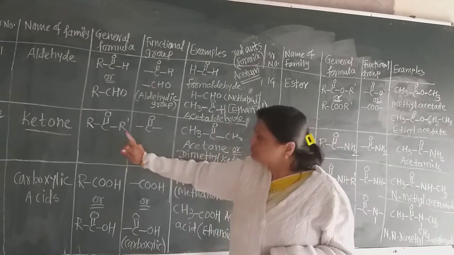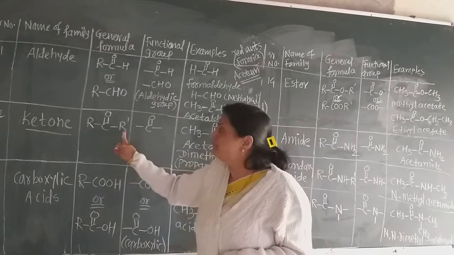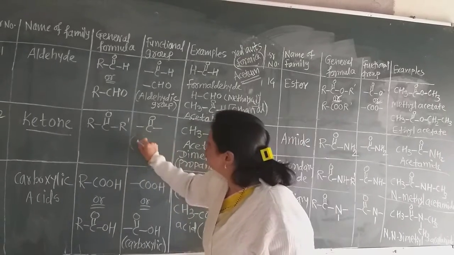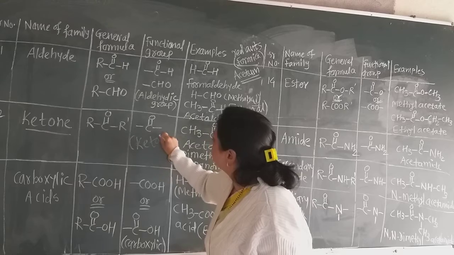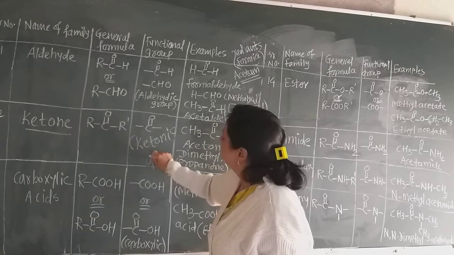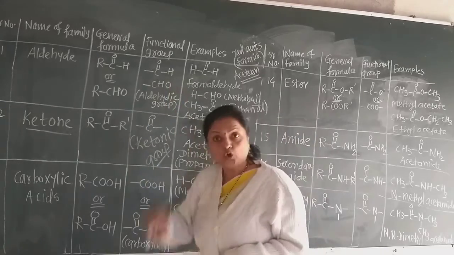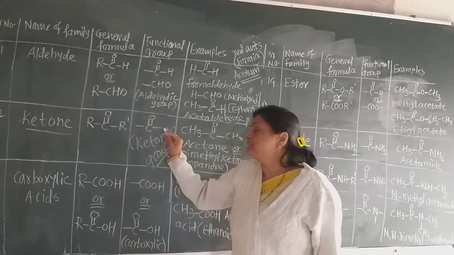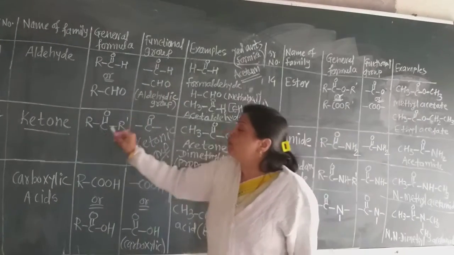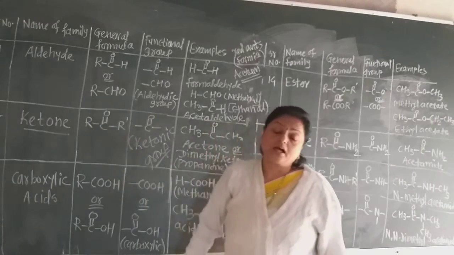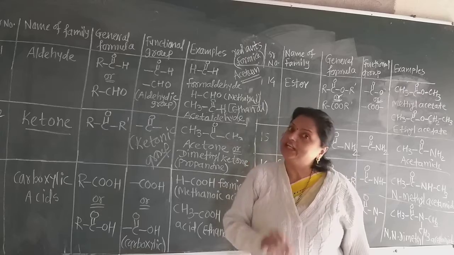Now in ketones, the functional group is this carbonyl group. It is also called the ketonic group. Remember that this is the ketonic group, and this is the aldehydic functional group. In general formula, the ketonic group has both valencies completed by the same or different alkyl groups.